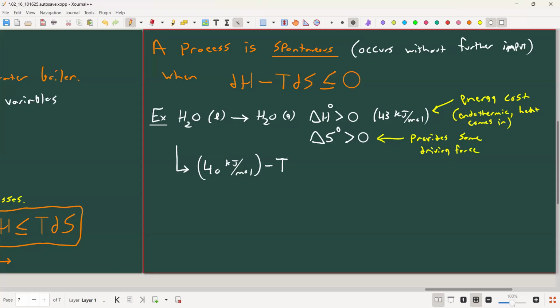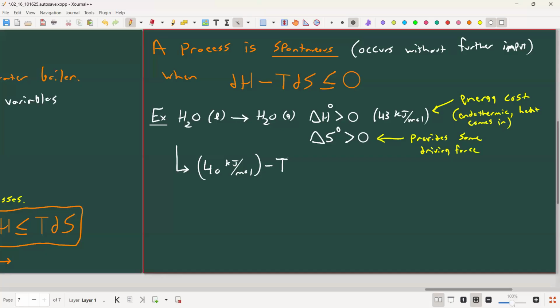Mother Nature says, hey, I'll make your liquid a gas if you pay me my little racketeering, for protection. And Mother Nature says, I need this much energy, and the amount of energy that Mother Nature taxes you to convert liquid to gas is TdS.